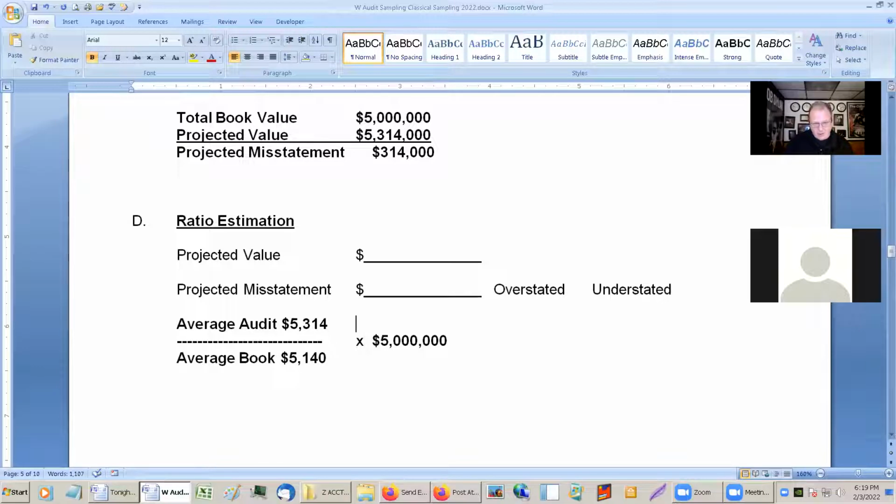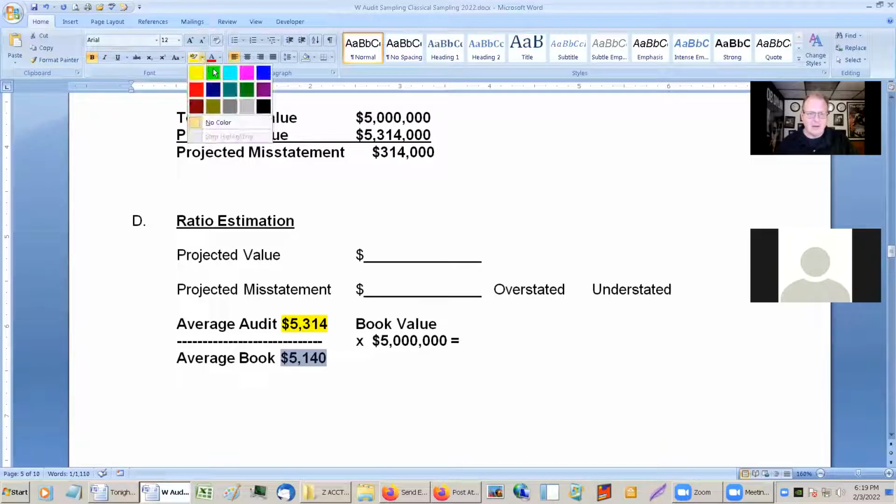I'll leave it up here. And this will be our projected value. So we're going to take this and divide it by that, and then multiply it by 5 million.